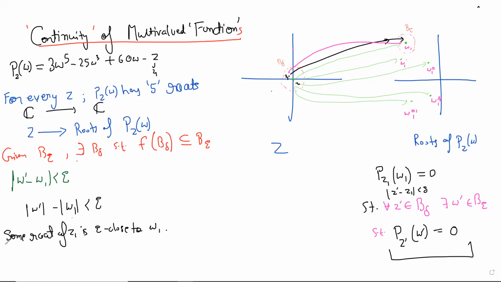So that is what I've written. As Z1 approaches Z, which means that after some point, when it is delta close. So finding such a delta such that every Z1 inside that delta, one image is inside epsilon ball, is the same thing as saying that when Z1 goes closer and closer to Z, then some root of Z1 becomes epsilon closer to W1. It is the same thing.